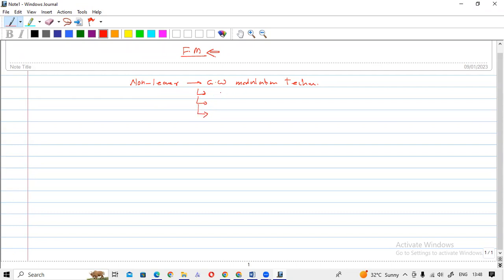The message spectrum is directly related with the modulated spectrum, and the modulated bandwidth or transmission bandwidth is very much greater than twice the message bandwidth, and SNR can be improved without increasing TX power, transmission power. So those are the properties of nonlinear modulation.